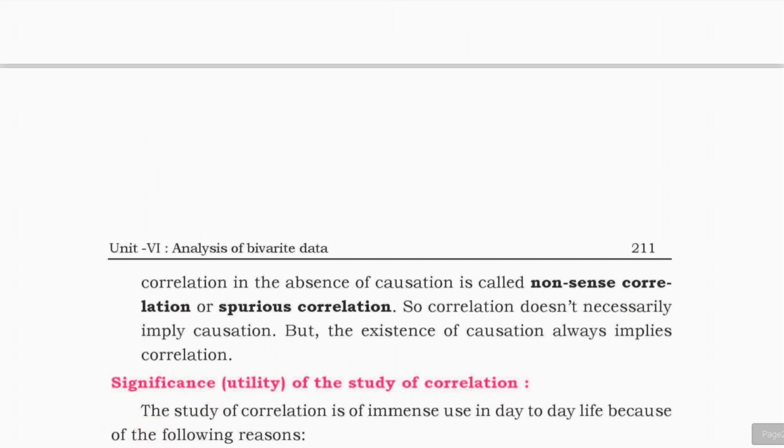Thus, the correlation in the absence of the causation is called nonsense correlation or spurious correlation. Okay. So, the correlation does not necessarily imply causation, but the existence of causation always implies correlation.